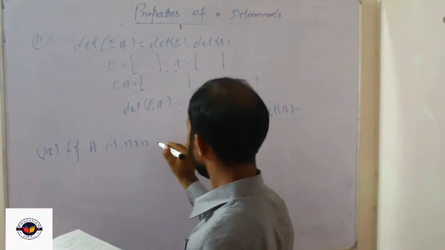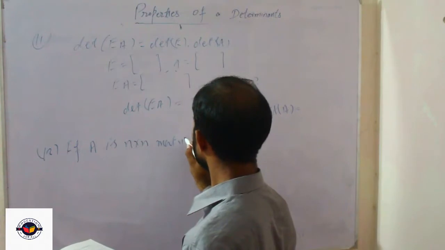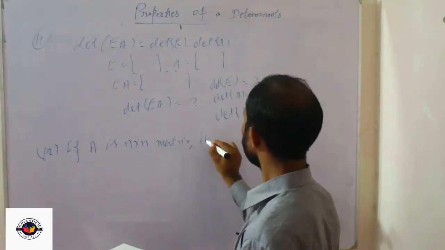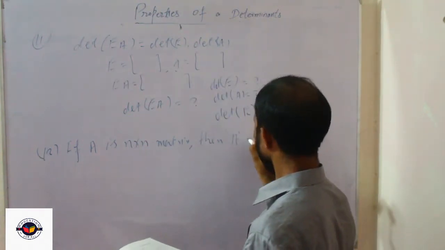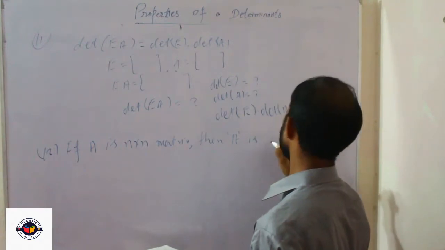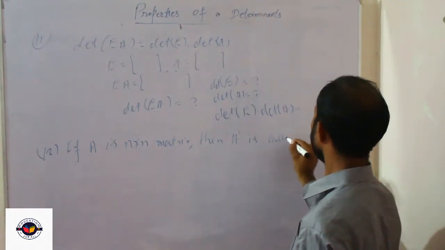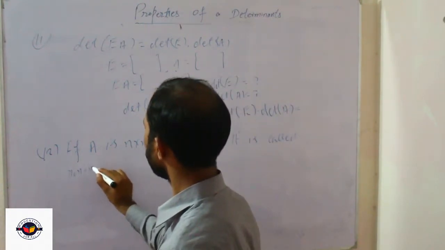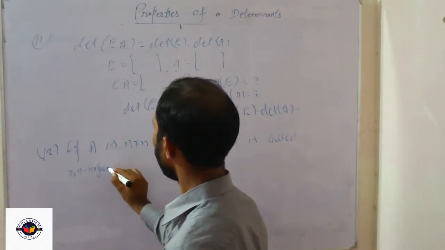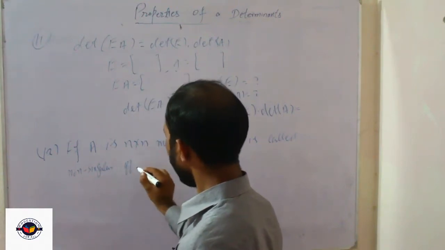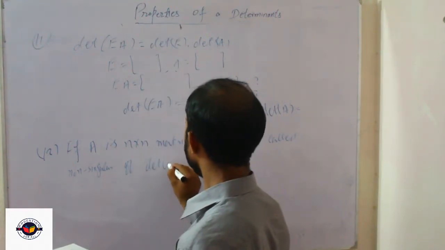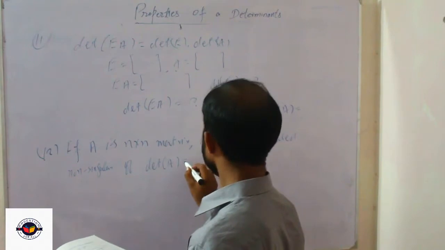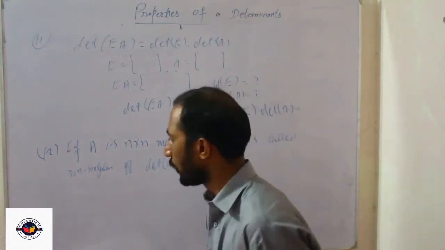Next property is, if A is an n cross n matrix, then A is called a non-singular matrix if and only if the determinant of A is not equal to 0.